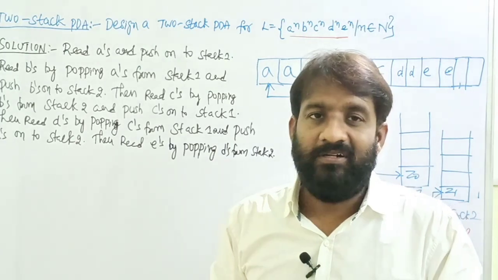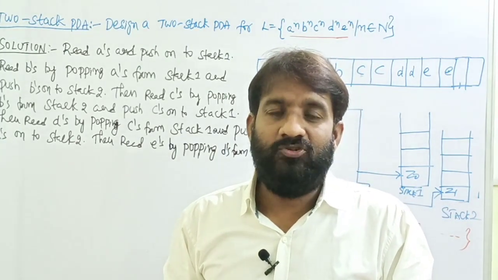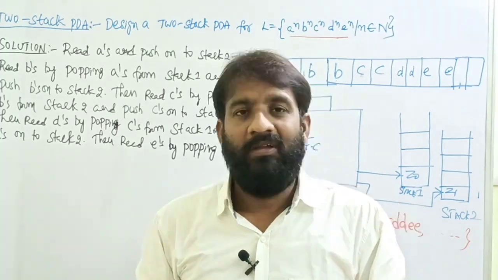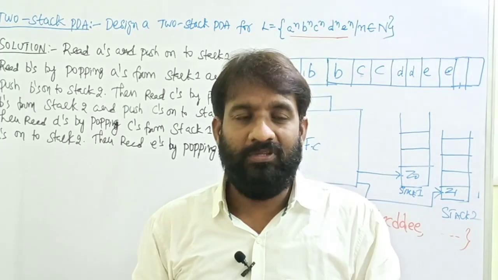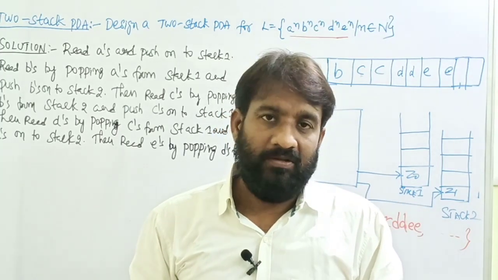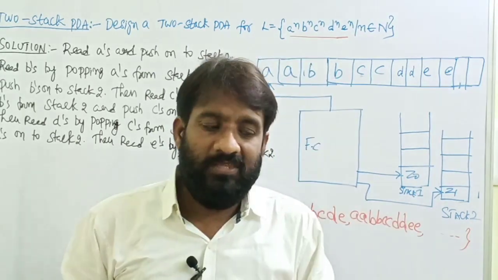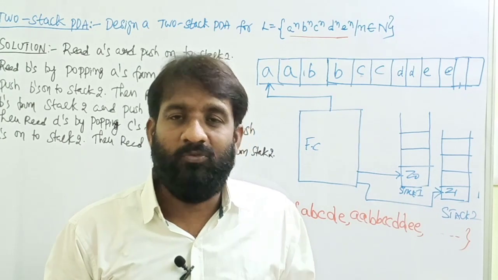Then read D's by doing a pop operation on stack 1, then push D's onto stack 2. Then read E's by doing a pop operation on stack 2. Then if the stack is empty, move to the final state.